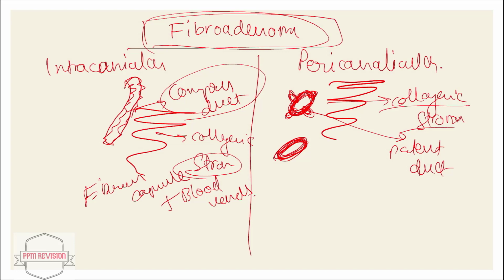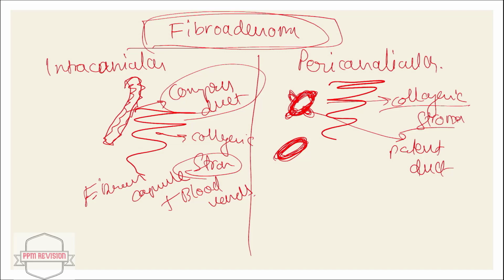There's proliferation of new fibrous tissue around the ducts and acini, specifically around the distended acini. Irregular foci of proliferating new fibrous tissue invaginating the acini or the duct lumen, giving them a tortuous, wavy, slit-like appearance. So this is nothing but the intracanalicular type.